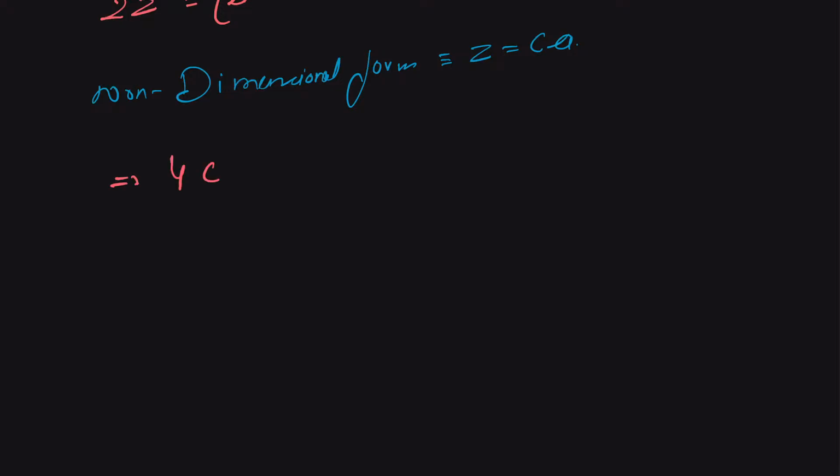So this comes as 4c^6 is equal to 1 plus c square and whole raised to power 3, and this approximately gives us that the value of c will be equal to 0.86.